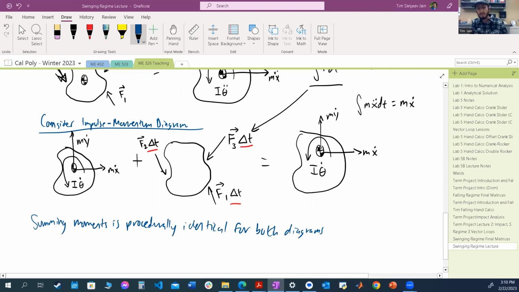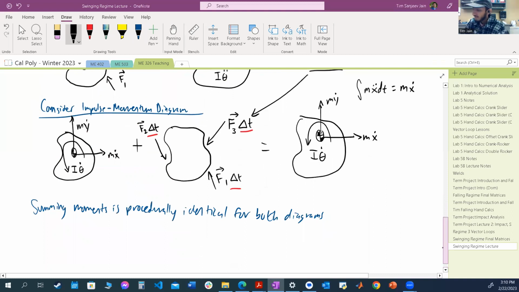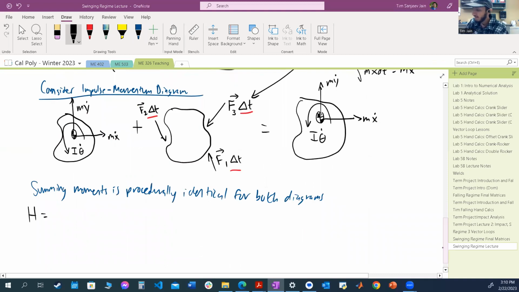So we can think about the angular momentum as being a linear combination of the angular velocity plus the horizontal velocity plus a constant times the vertical velocity.